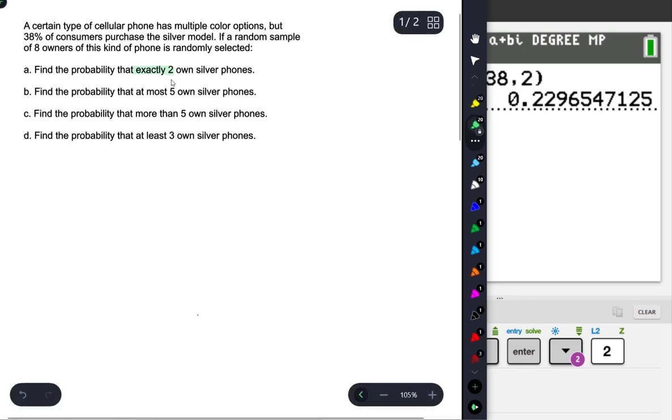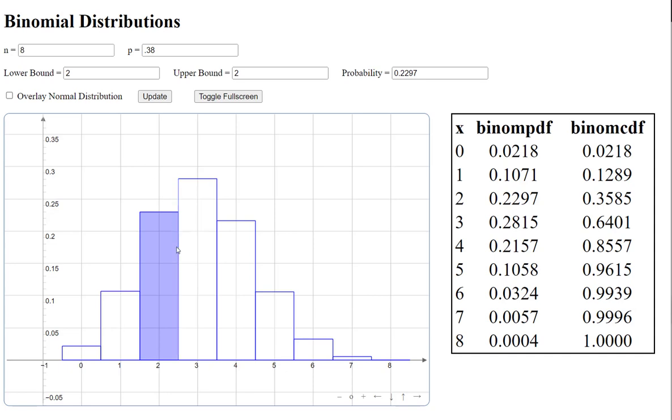Now, what happens if we have wording like this, where we want at most 5 people out of the 8 to own silver phones? If we want it to be at most 5, then we now have a group of probabilities that we want to add together. You need to ask yourself: is this group less than 5 or greater than 5, and does it include 5?